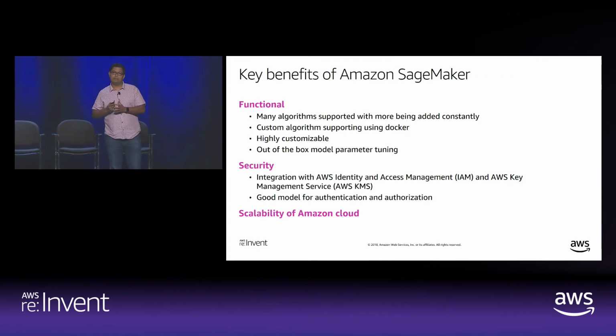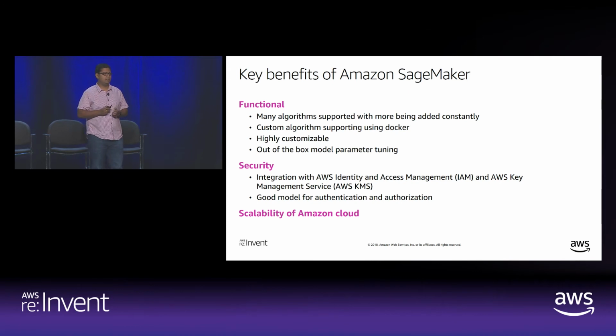Intuit doesn't want to spend its resources trying to add support for open source things and translating them into our in-house framework. So Amazon building it and providing these Dockers out of the box is a huge advantage. We also have custom algorithms supported using Docker. This was a big win for us because we have a lot of our own internal models which we are migrating. So in the migration phase, it helps us a lot to have custom support.